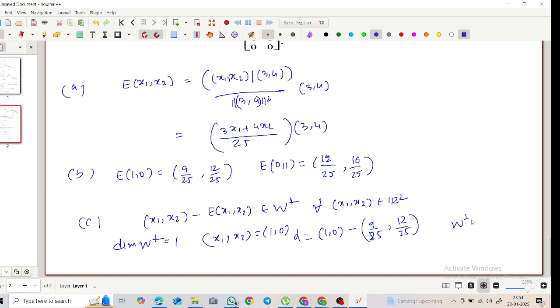So W perp is just spanned by alpha. It is nothing but (16/25, -12/25), proportional to (4,-3). And if you want an orthonormal basis, just normalize it, that is, divide by the norm. That's it. We will stop today's class here and we will start from this exercise in the next class. Try it.